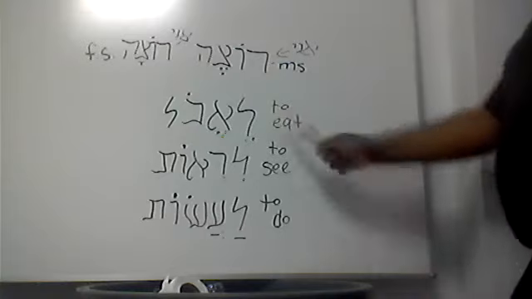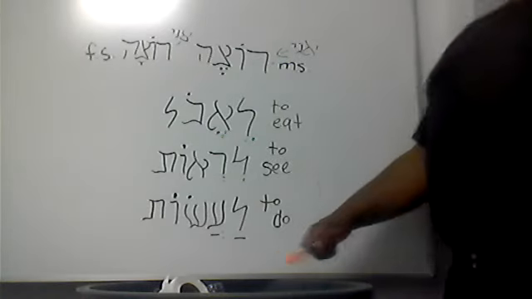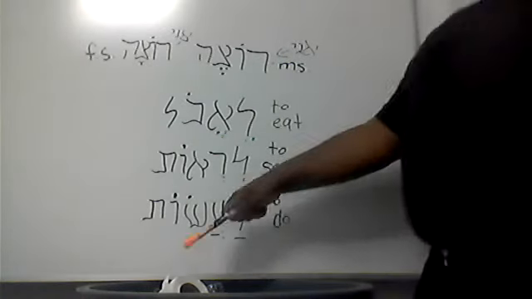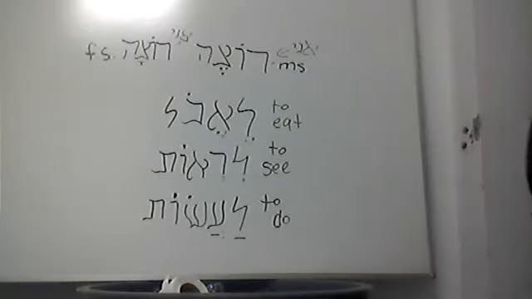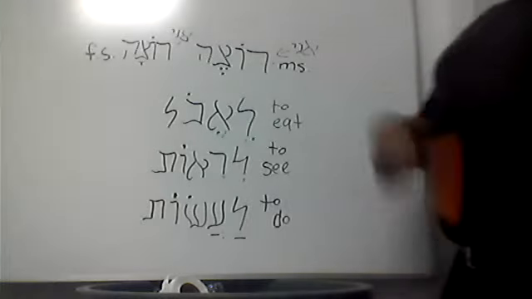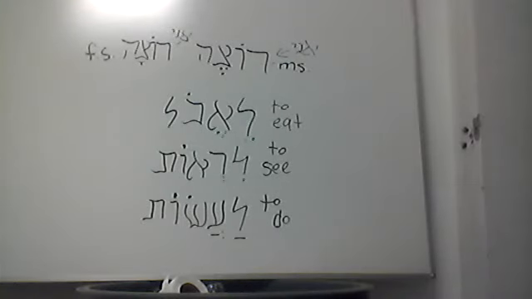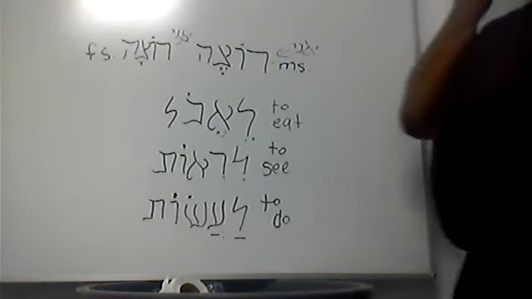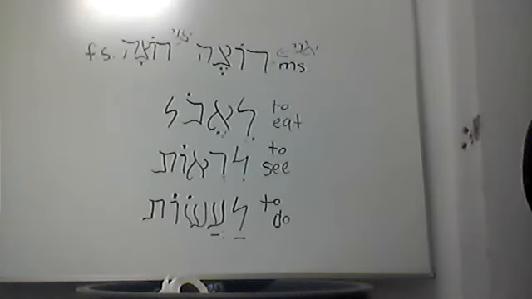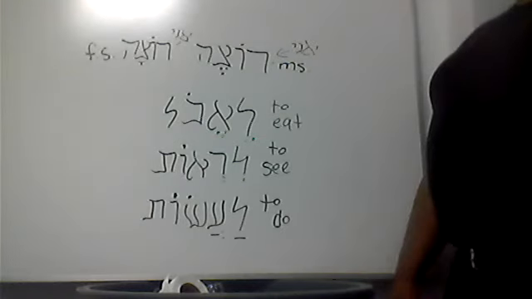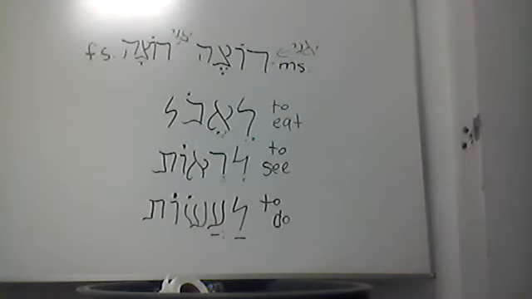I want, to eat, the food, asher, which, bishla, she cooked, she baked, ishti, my wife. Hamazon, ani okel. Hamazon mevashelet me'ishti. The food which I eat is the food that my wife cooks.